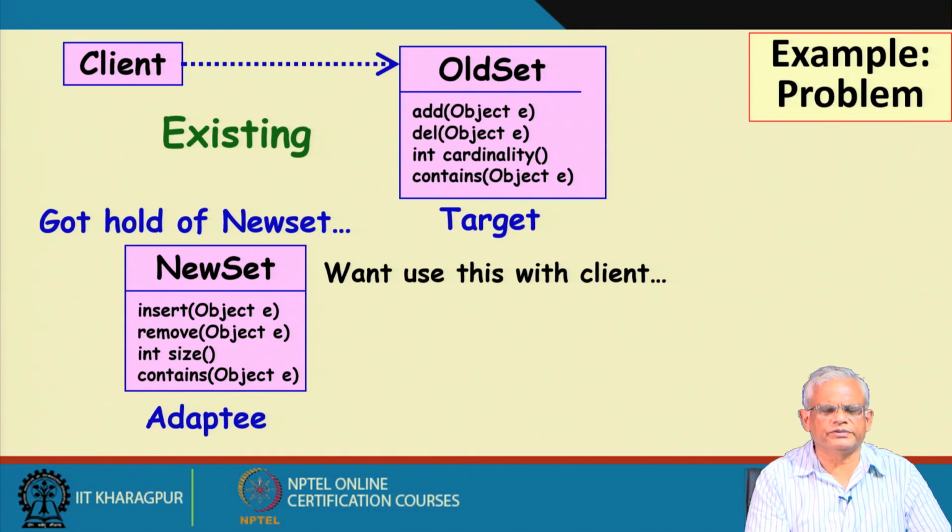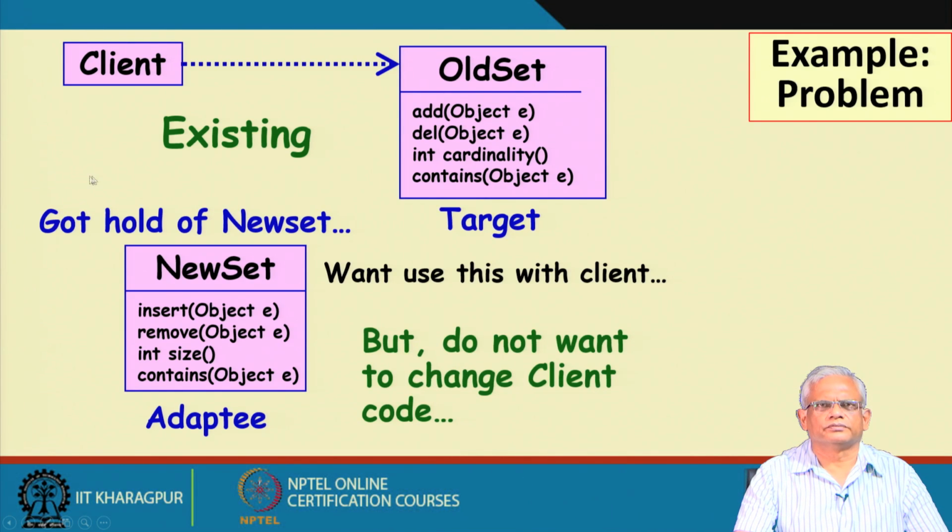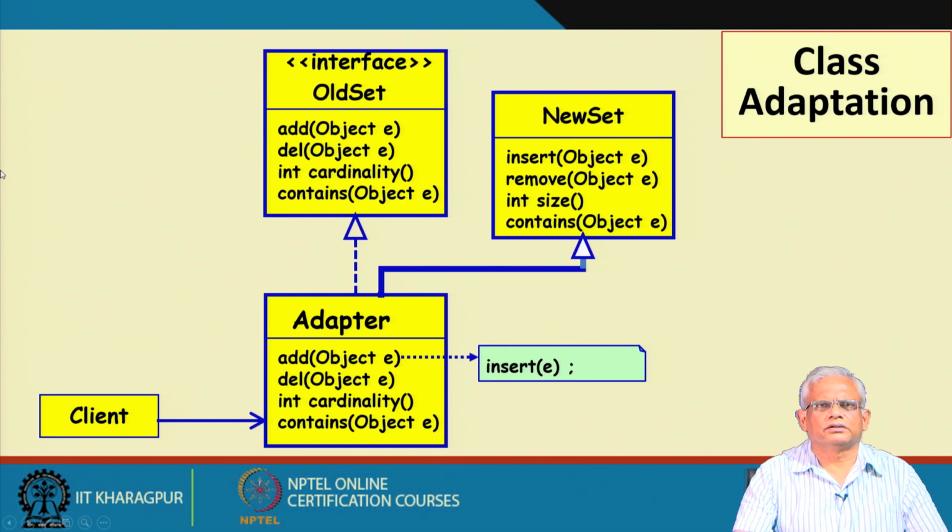We had seen how to achieve this using the object adapter pattern in the last lecture. Now, let us see how to achieve the same thing using the class adapter. In the class adaptation, we have to write the adapter which implements the target interface, which is the old set interface. So, it should have the methods add, delete, cardinality and contains, and it is a subclass of the new set, which is the adaptee.